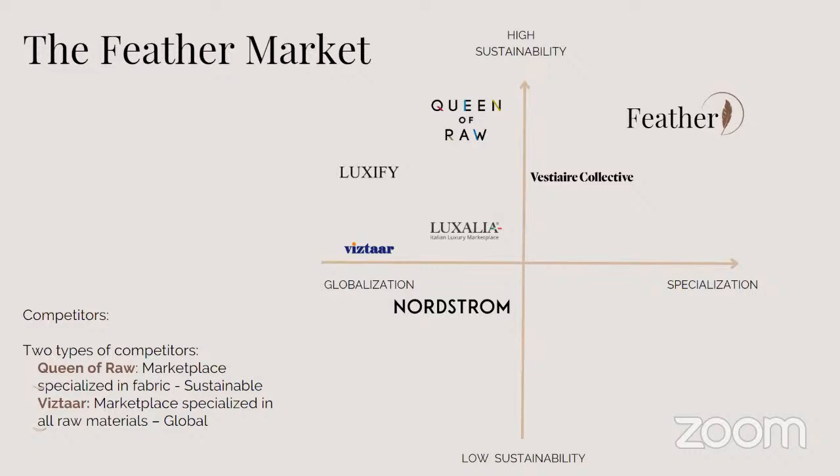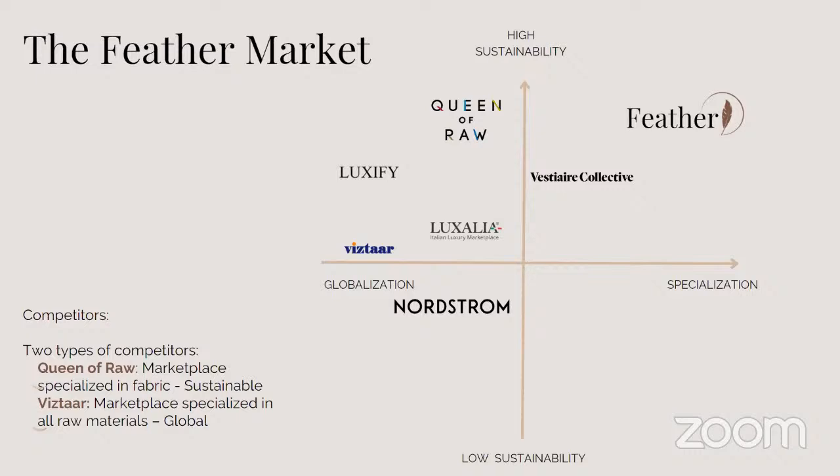Our main competitor would be Queen of Raw, which is also a marketplace that offers textile materials, but they're not specialized in any type of material compared to us. Same thing goes for Nordstorm and Vistar, which are companies that provide specialized raw materials, but are not specialized in textile.